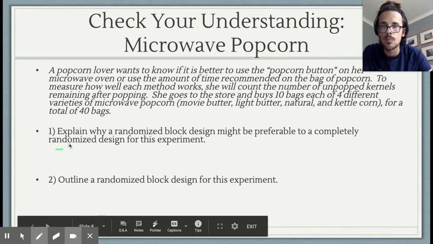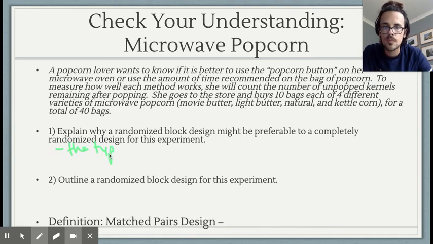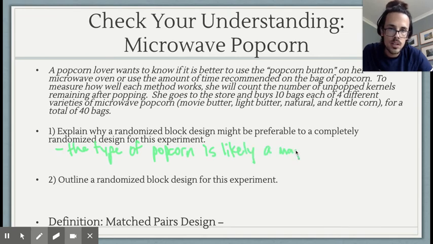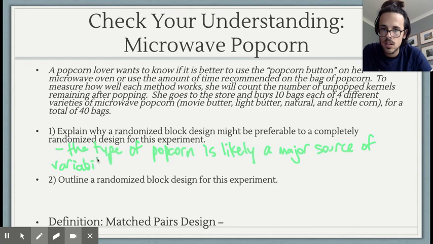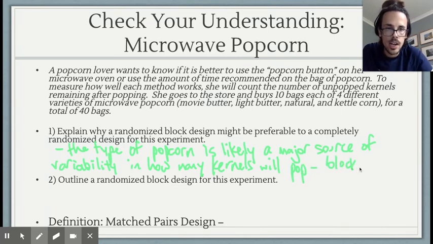The type of popcorn is likely a major source of variability in how many kernels will pop. Blocking accounts for this variability.